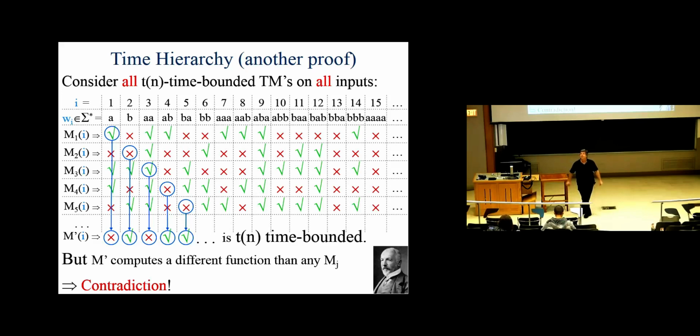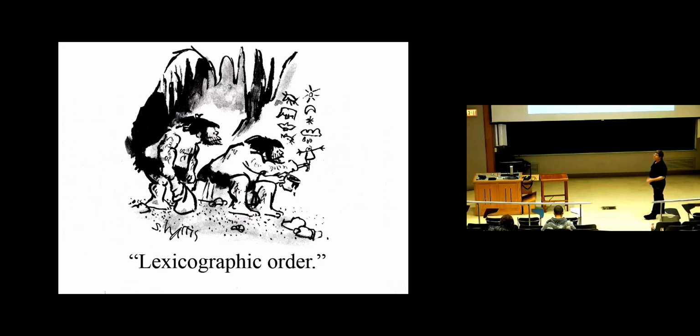Good question. Okay. So we see the power of lexicographic ordering and of diagonalization and of dovetailing over and over again, right? It's the same three techniques used again and again. That's why we harped on them so much the first few weeks of class, right?